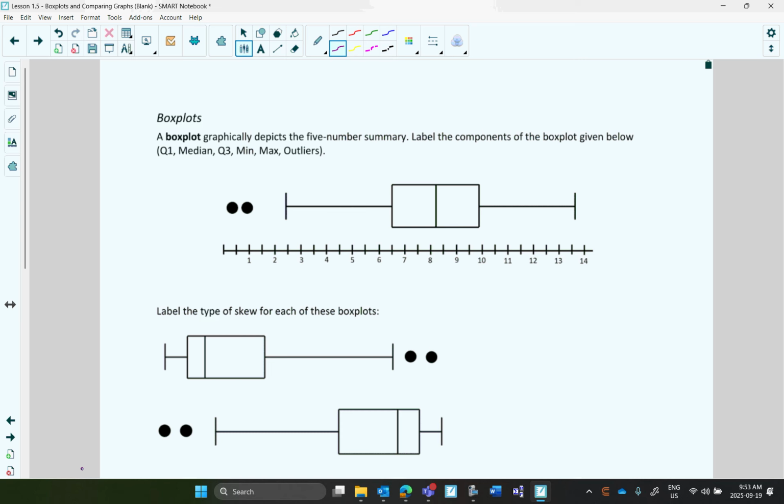This is just a new example. So what we do in order to do this is we have a horizontal axis with the values, and then there are certain sections where there are outliers, there's Q1, there's Q3, there's the median, there's the minimum and the max. If you've got dots or stars, those are considered outliers.